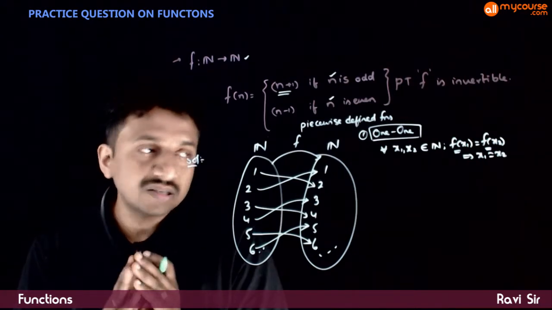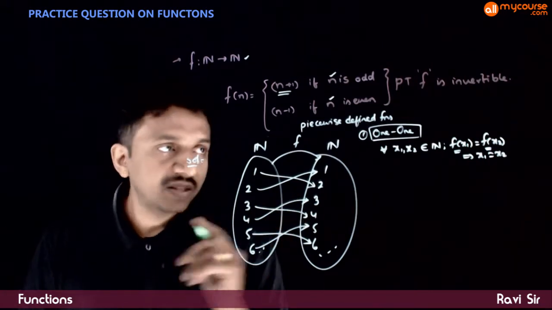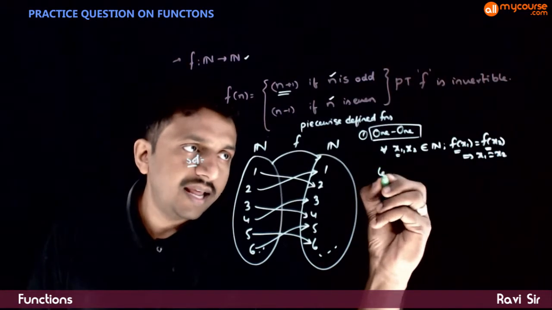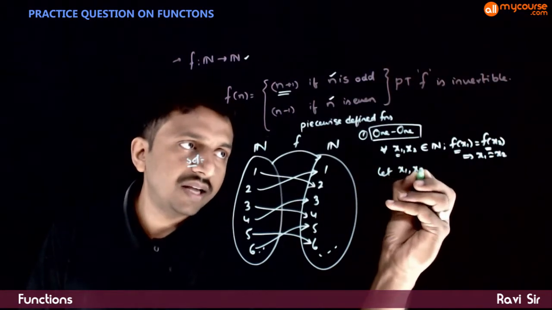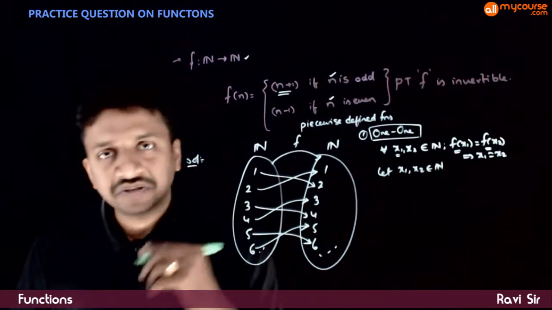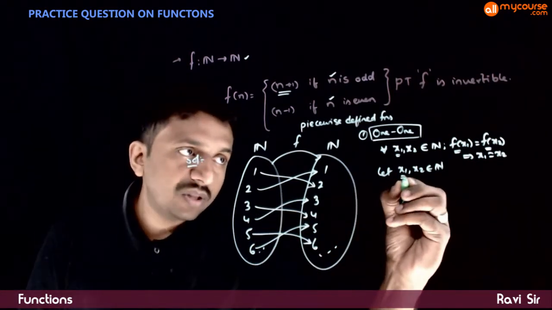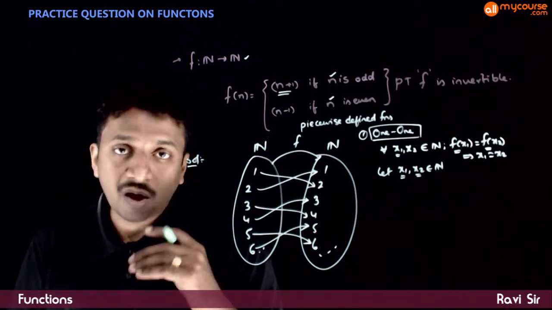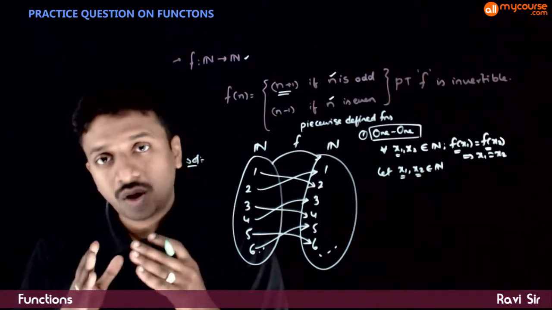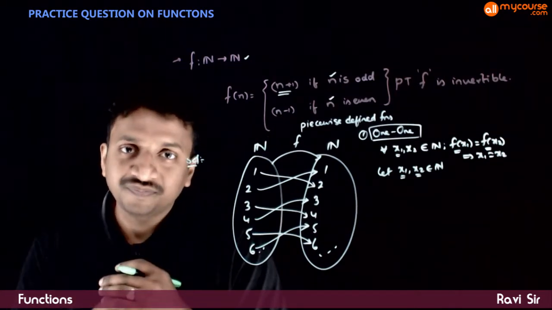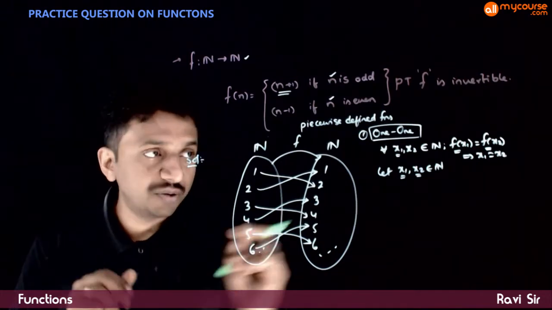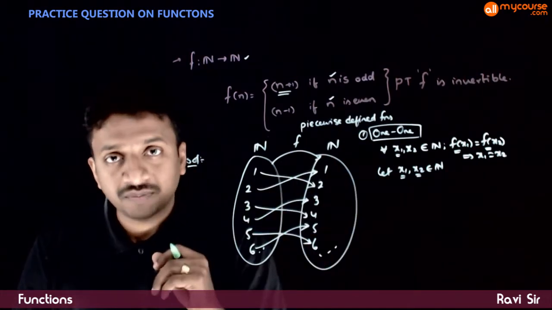So what we do is we take different cases. Let x1, x2 belong to natural numbers. There can be 3 cases: either both are even, or both are odd, or one is even and one is odd. So these are the 3 cases with respect to 2 natural numbers.